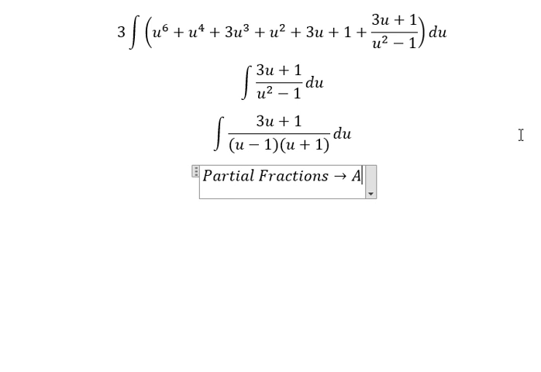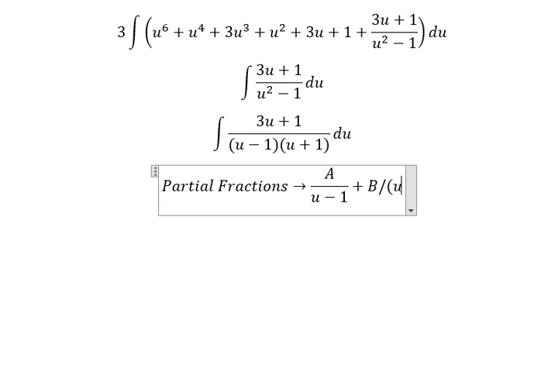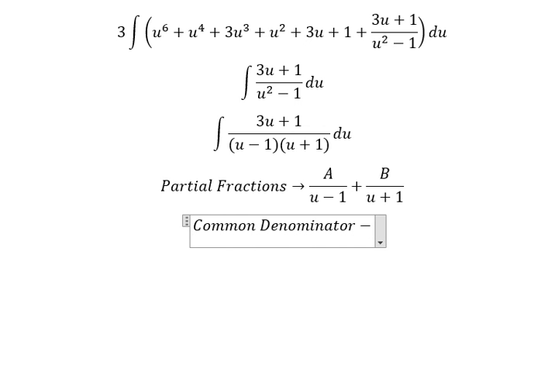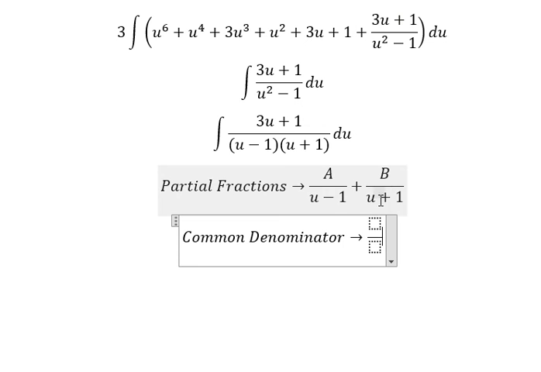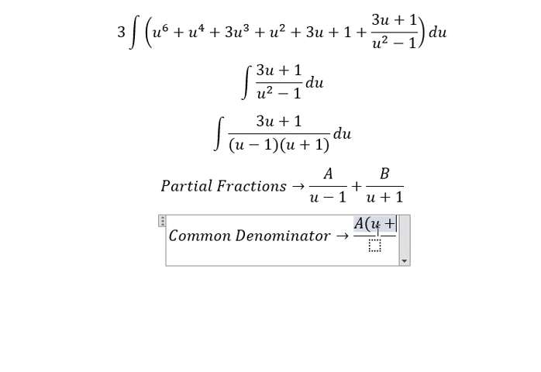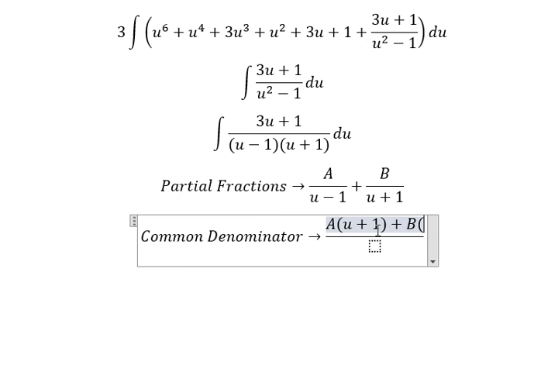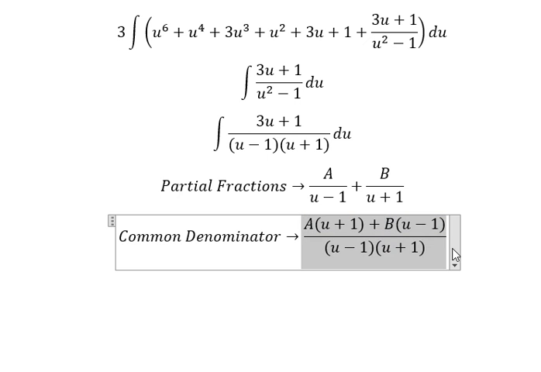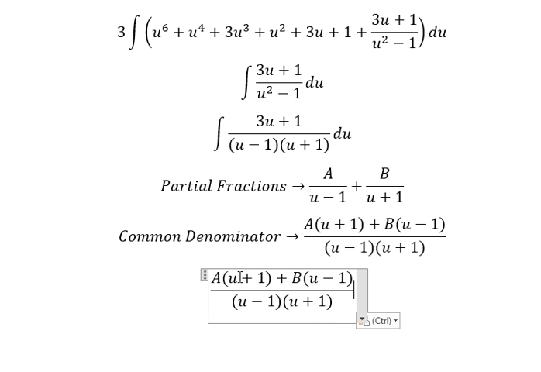So we have capital A over u minus 1, capital B over u plus 1. Later we do the common denominator. So A multiplied by u plus 1, B multiplied by u minus 1. This one we have u minus 1, u plus 1. And now we have A and B.